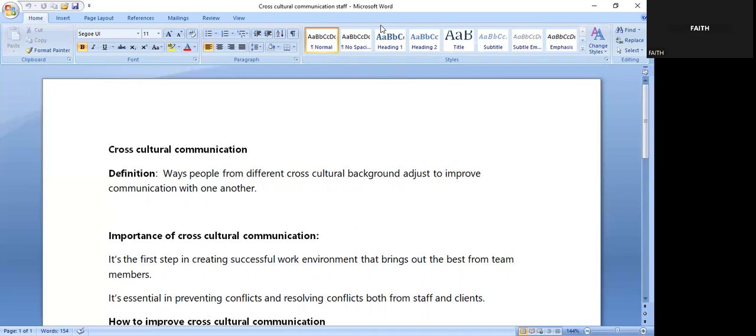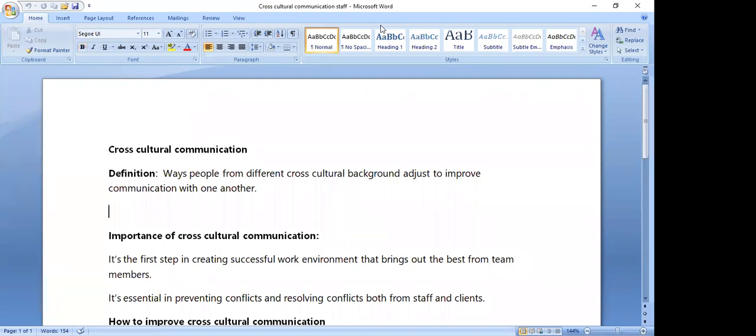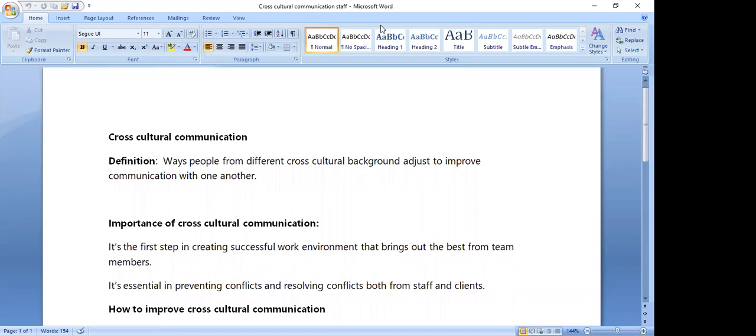When people are working together as a team, if they don't work this out, it's essential in preventing conflicts and resolving conflicts, both among staff and students.